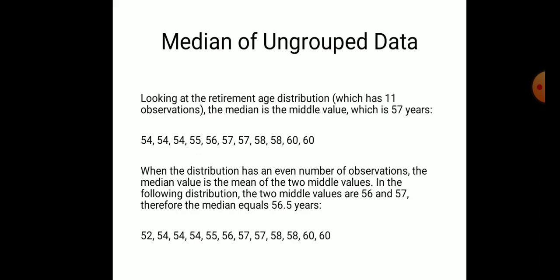So we have to add the 56 and 57 then divide by 2. That will be our median.